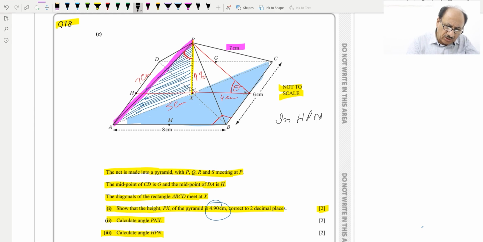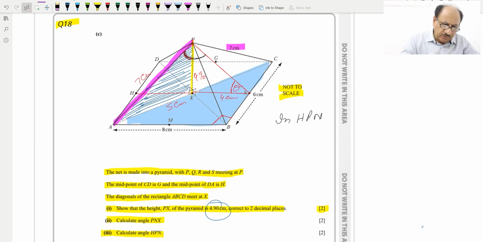So one side is 5, the other side is 7. HPN is the complete angle which is required. So we will be taking cos basically.